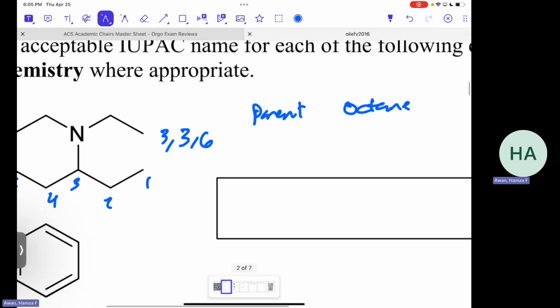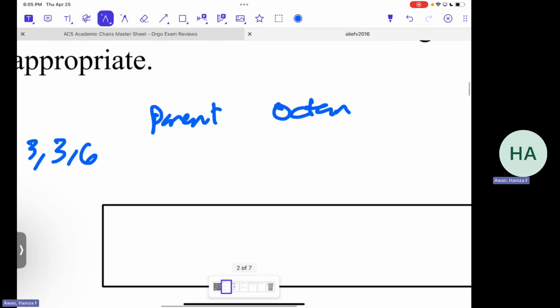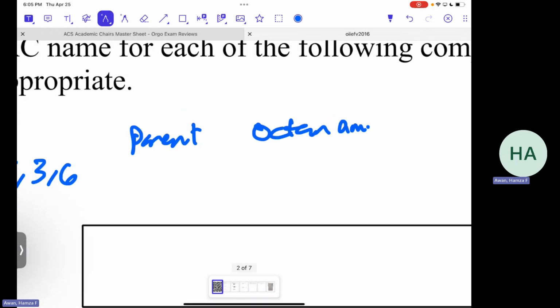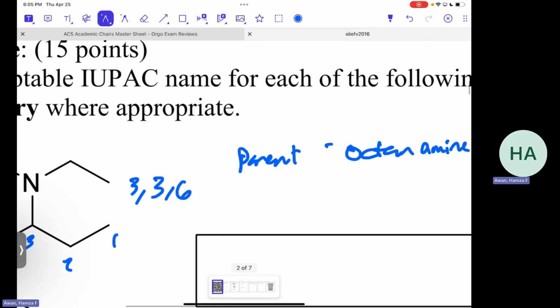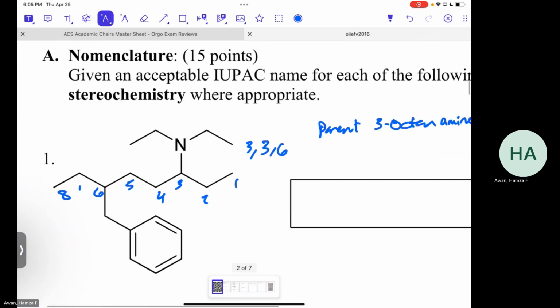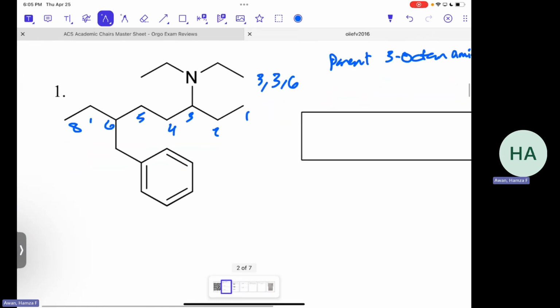So what it's gonna be called is the octanamine. So instead of the E at the end of octane, we're going to put amine at the end. And to specify that it's on carbon 3, we're going to put 3. So 3-octanamine. And so that's our first parent.